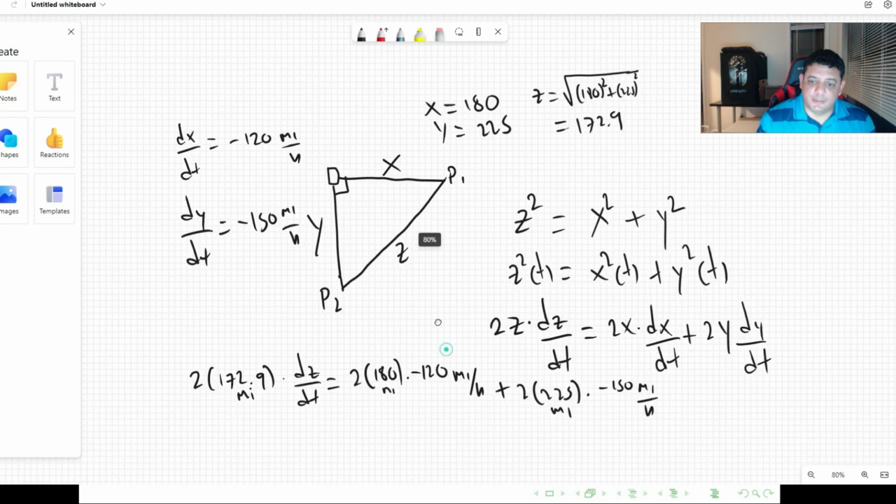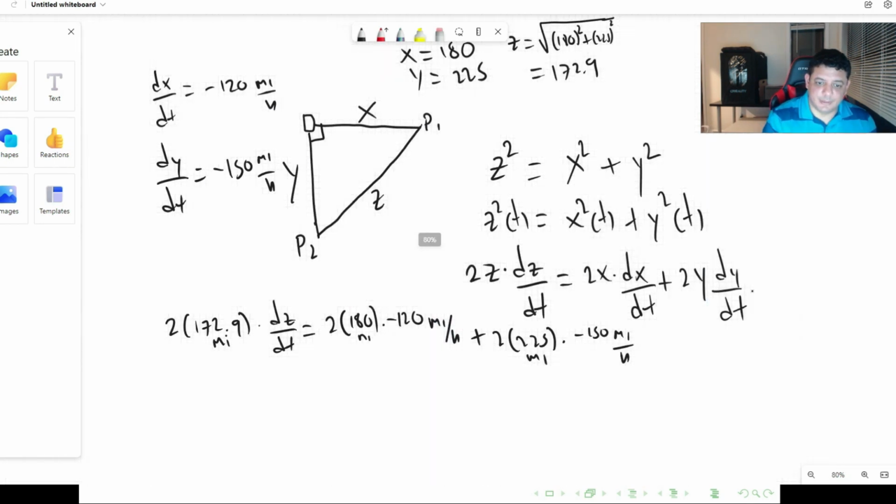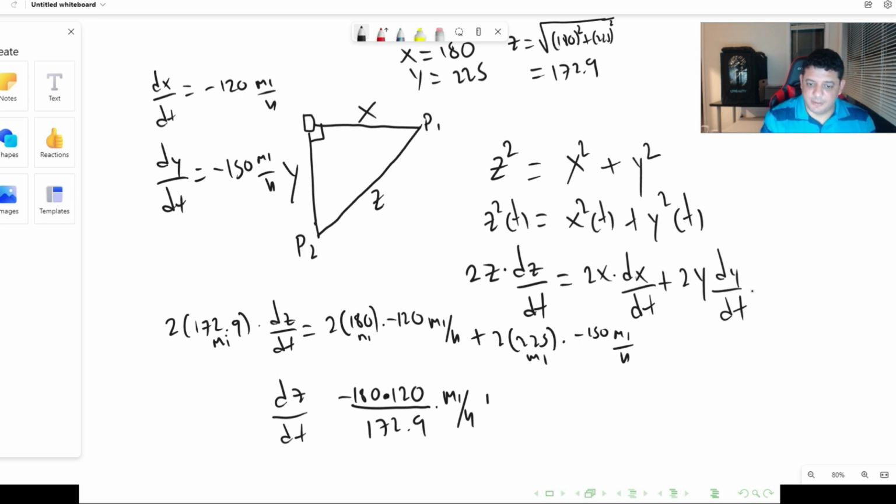So at this point, I can divide by the 2. So notice that this is going to be 180 times minus 120 divided by 172.9. The 2 is going to cancel with the 2. And now notice that the miles is going to cancel with one of the miles. So we're only going to get miles per hour once we divide by the miles here.